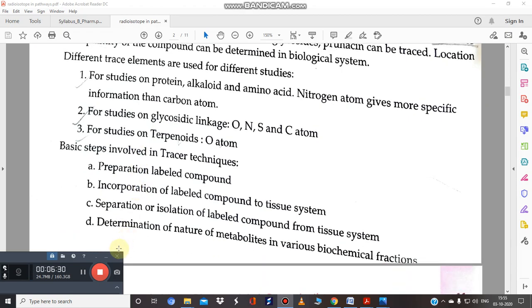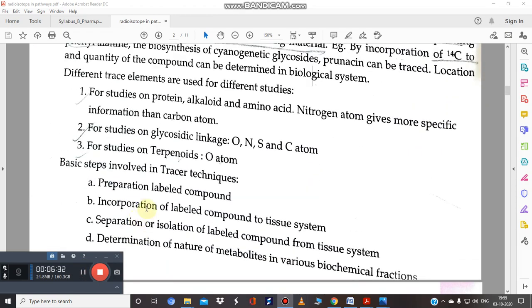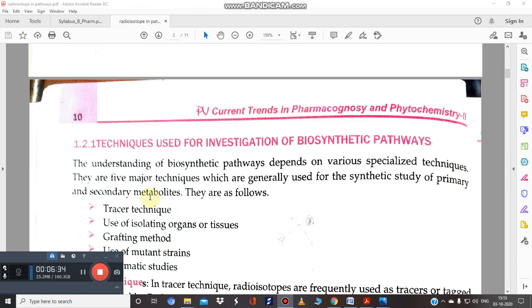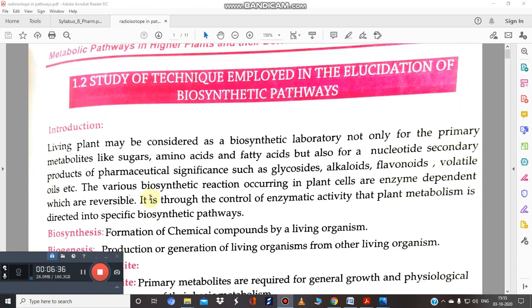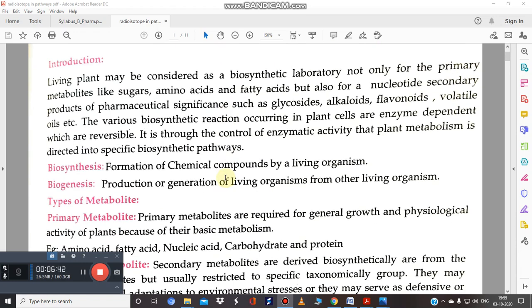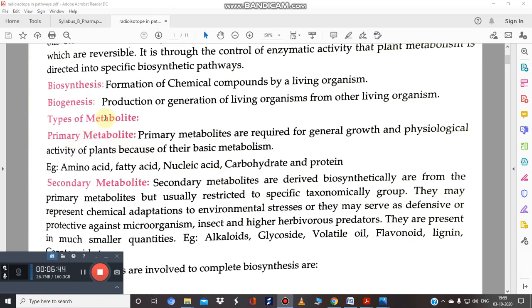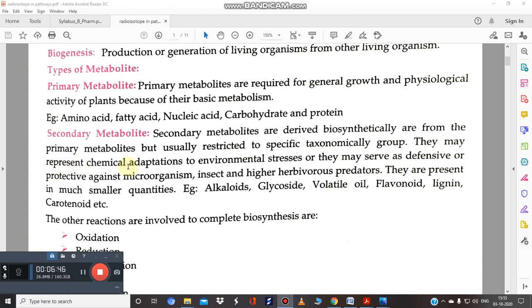I hope this gives you a brief idea, because this is a very important concept: we use radioisotopes for the monitoring of biosynthetic pathways. We know there are two types of metabolites, primary and secondary. Why are they important? Because we humans obtain different types of phytopharmaceuticals.